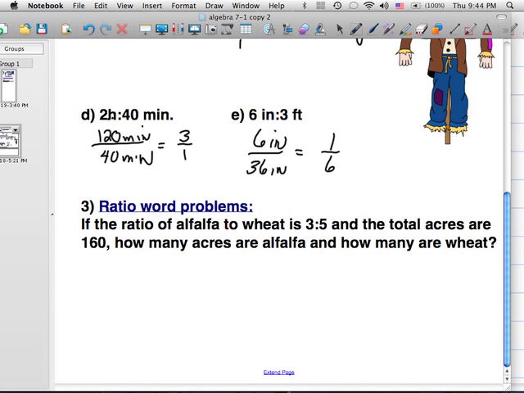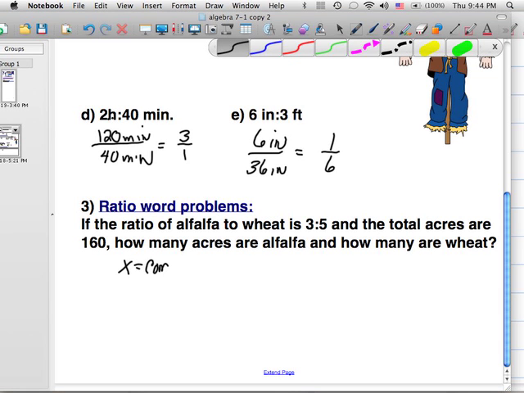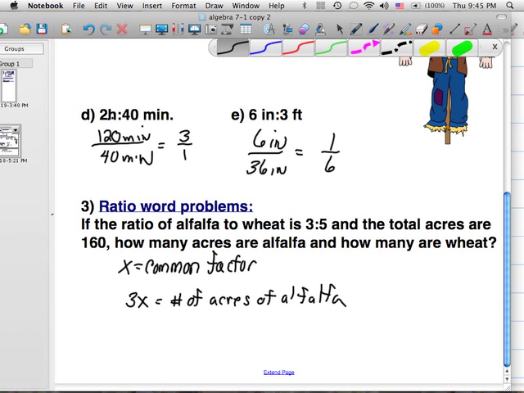So if I let x represent the common factor, then 3x is the number of acres of alfalfa, since that was mentioned first, and 5x equals the number of acres of wheat.